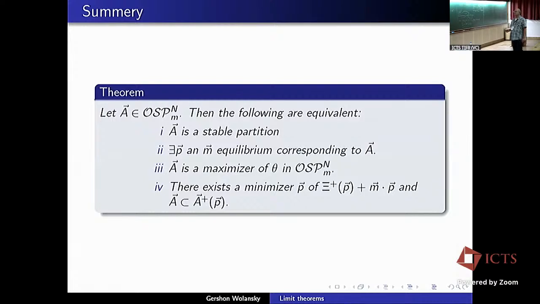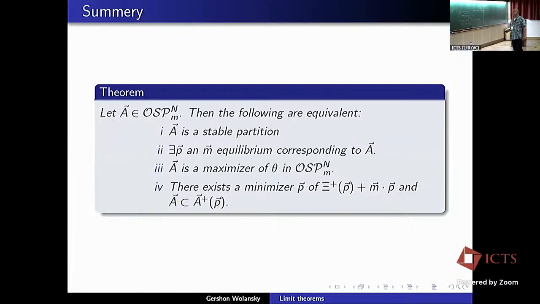A is a stable partition if and only if there exists a price vector P and an equilibrium M corresponding to A, if and only if A is a maximizer with respect to theta in the open subpartition set subject to M, or if and only if there exists a minimizer P of this function of P, and each component of A is contained in a component of A plus.